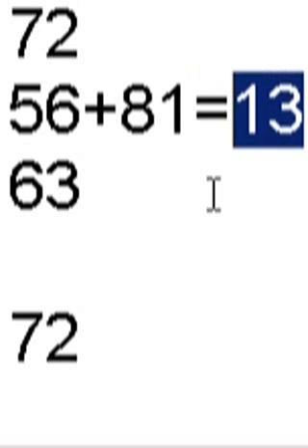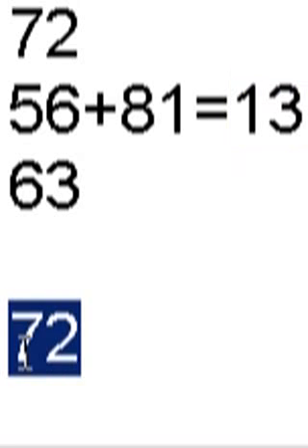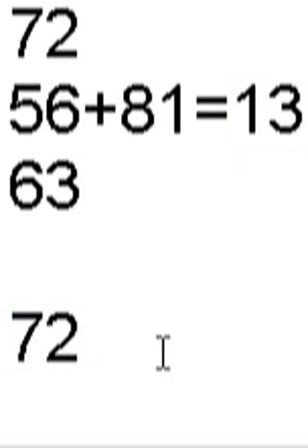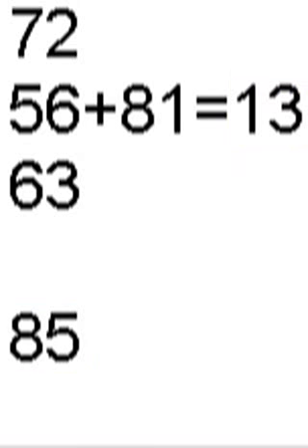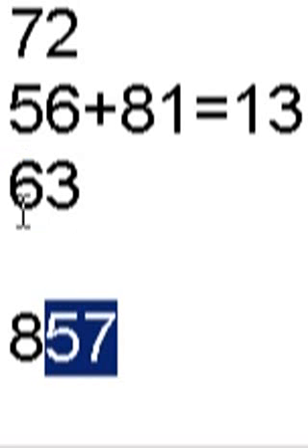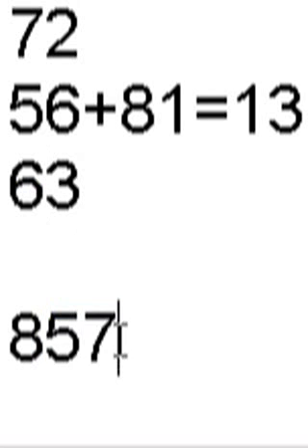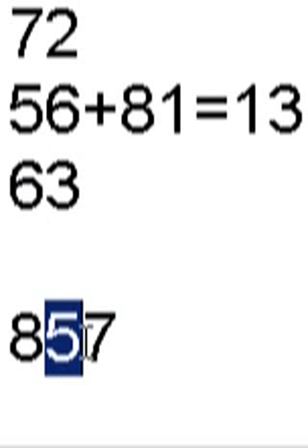So I'm going to carry this 13. 13 plus 72 is 85. And I'm just going to drop the 7. Next, this is a 2-digit number, so I'm going to carry the 6. And it's easier to think of it as 6 plus 57 than 6 plus 7, then carry.